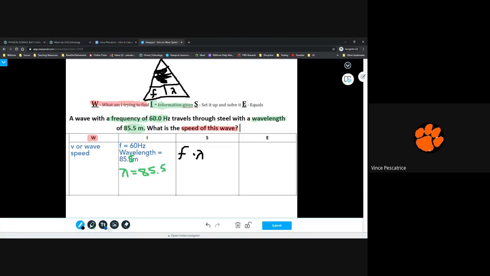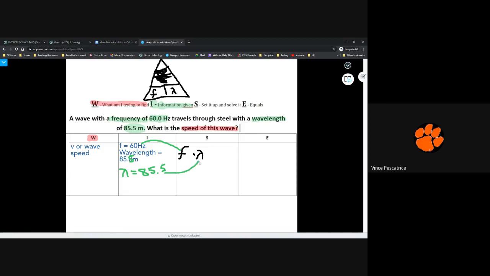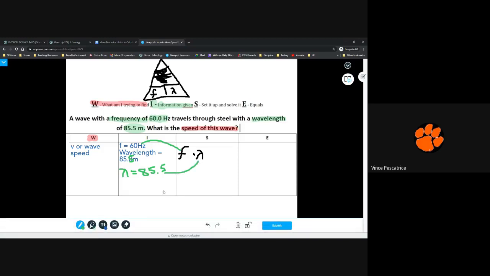Frequency times wavelength. Now the beauty of this is you simply plug in the numbers where you find the matching letter. So where you see F, you should put 60 there. Where you see lambda, wavelength, you should put 85.5 there.